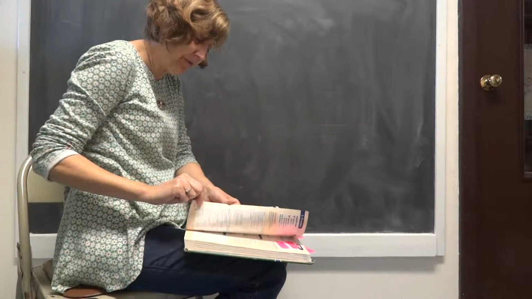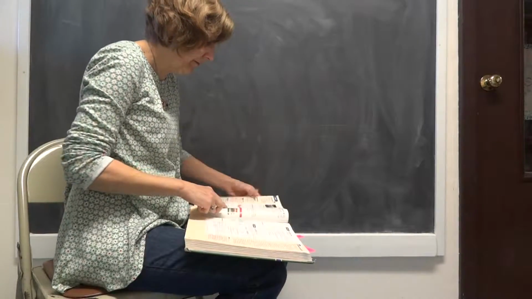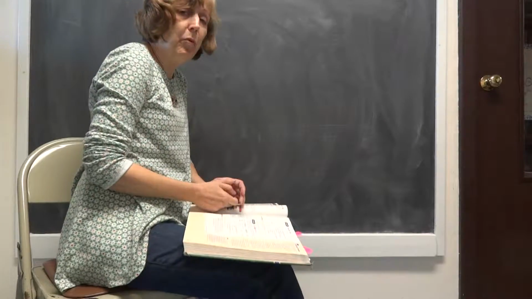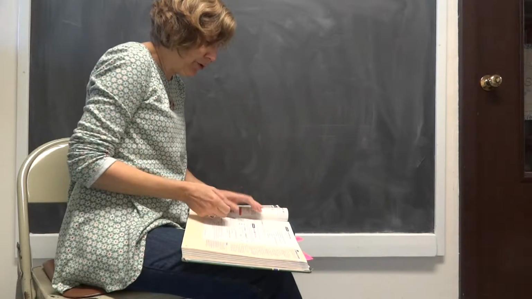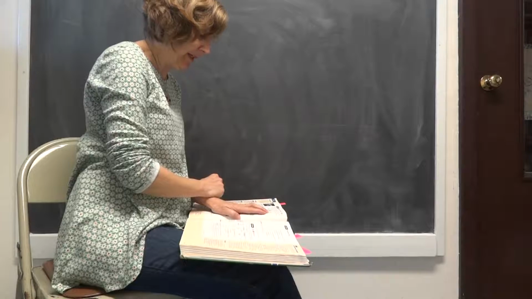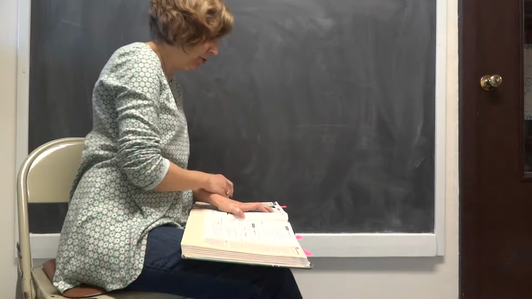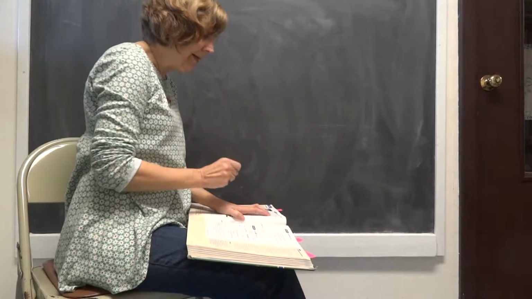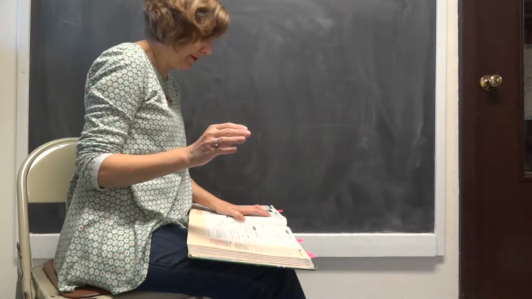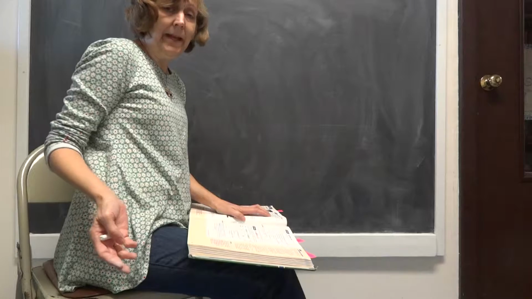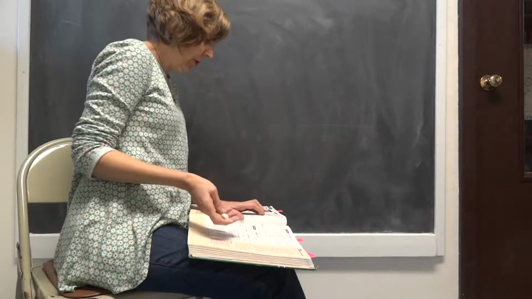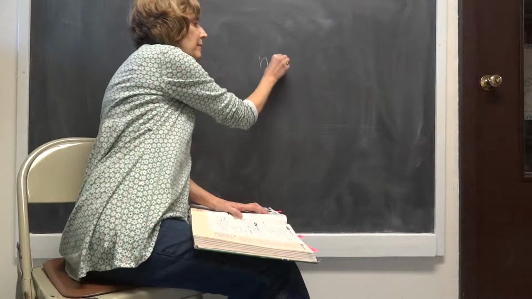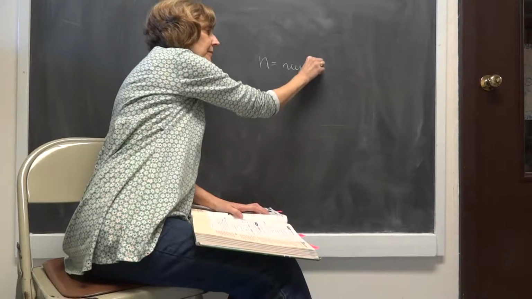All right, next page. Example 2, bowling. It says on weekday afternoons, a local bowling alley offers a special. Each bowling game costs $2.50 and the shoe rental is $1.25. Write an expression for the total cost. We don't know how many games we're going to play, so we're going to let N be the number of games we play.